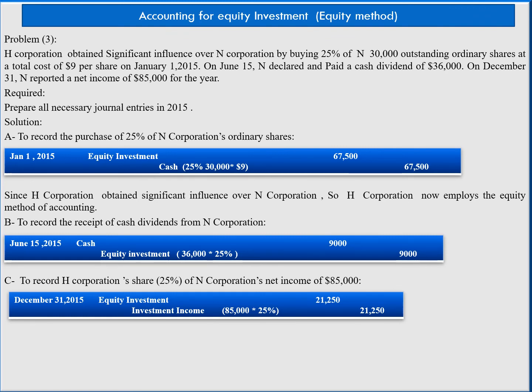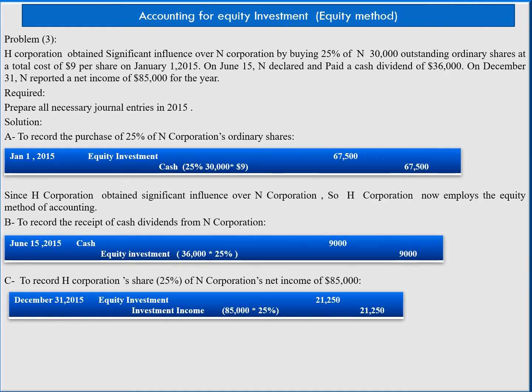H corporation holds more than 20% in N corporation because it bought 25% of N's outstanding ordinary shares, more than 20%. So here we will use the equity method. But one very important thing is that the 25% must lead to significant influence. The problem does say that H corporation obtained significant influence. OK.